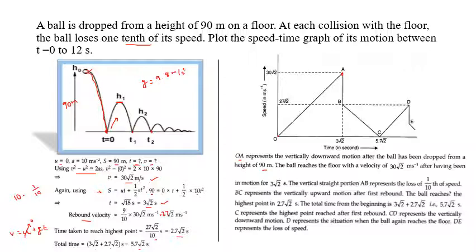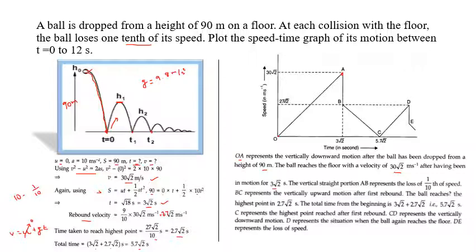The ball reaches the floor with the velocity of 30 root 2 meter per second after having been in motion for 3 root 2 seconds.